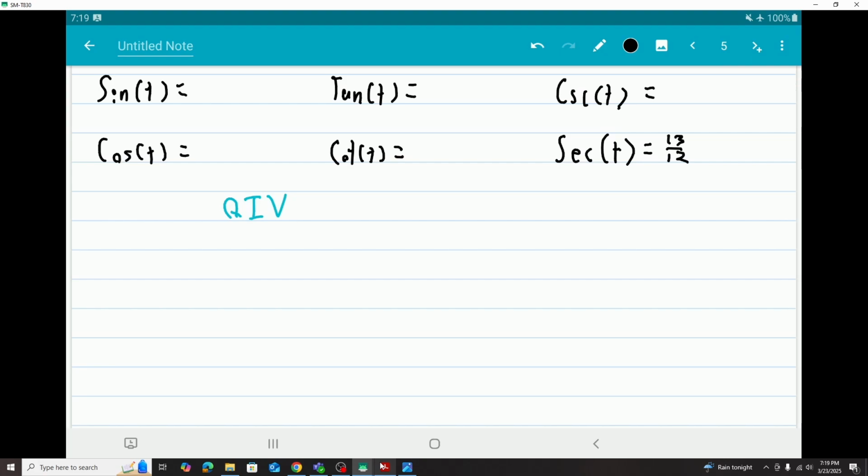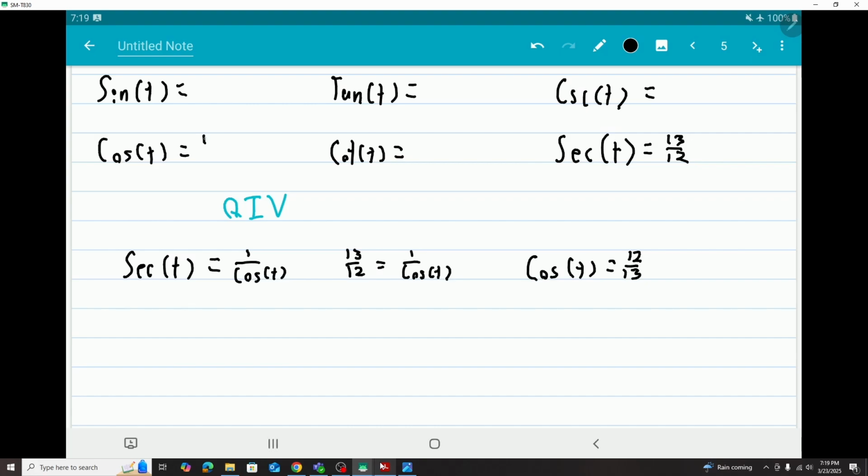The only thing is, secant of t is what we have, and we want cosine of t. That means 1 over cosine of t is 13 over 12. If we cross multiply and divide, we get cosine of t is 12 over 13.